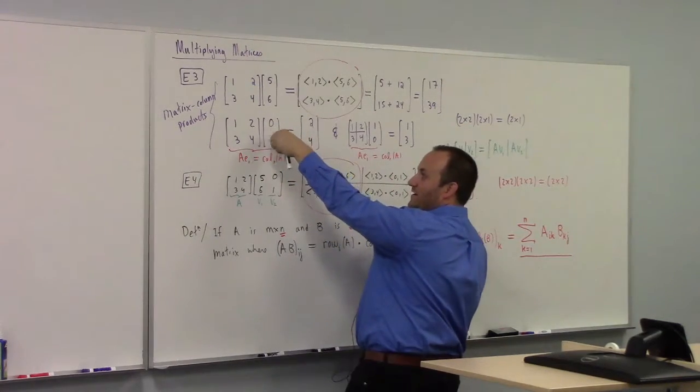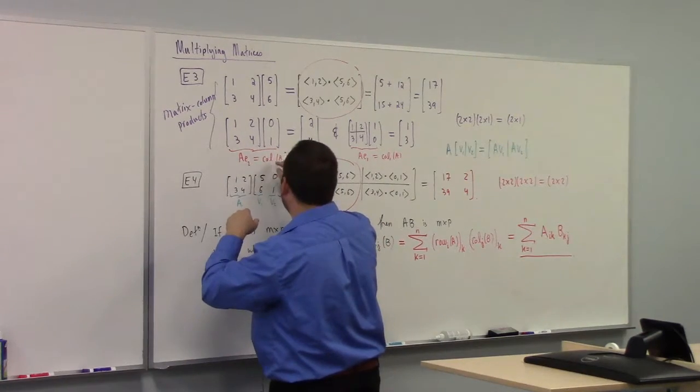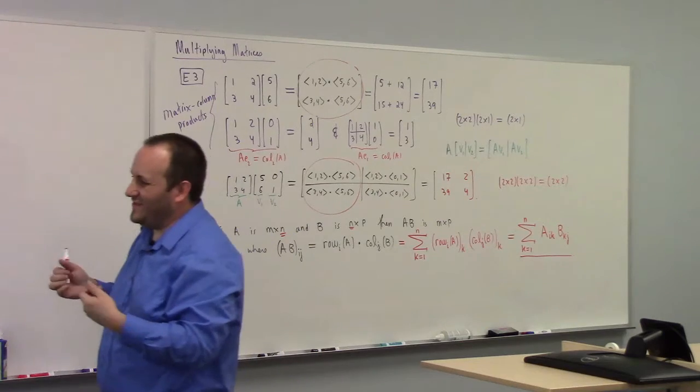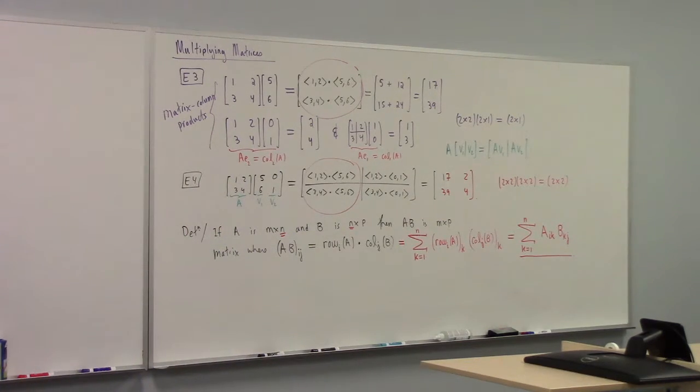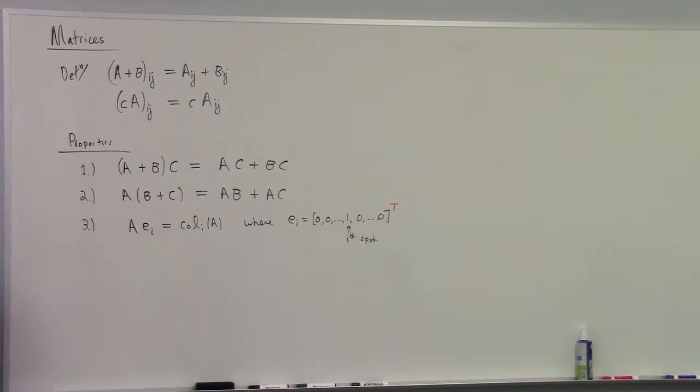It's a 0 in the first spot, a 1 in the second spot. So this is E_2, and that gave us, of course, column 2. So this is important: if I want to select a column, I just multiply by the corresponding vector with just a 1 in that ith spot.